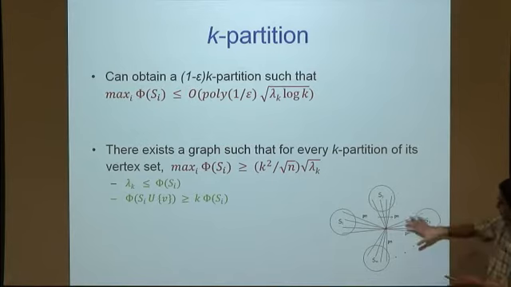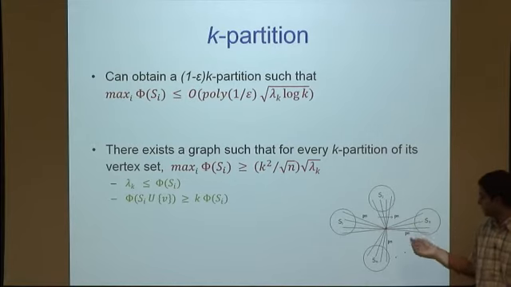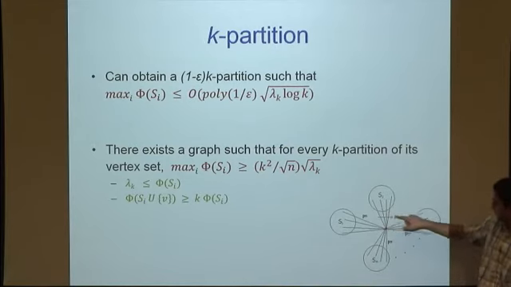In the k-partition that you're going to produce, you'll have to put the central vertex in some piece, right? And whichever piece you put it in, you're going to pay a huge expansion because the central vertex has a lot of edges incident on it. So suppose you put it in S_i, then phi of S_i with the central vertex is going to be like k times the expansion of the rest of the pieces.